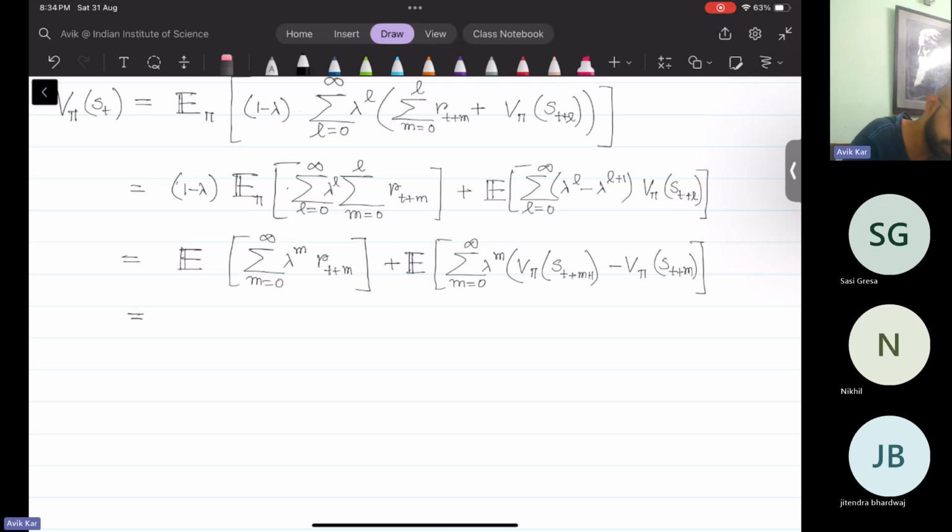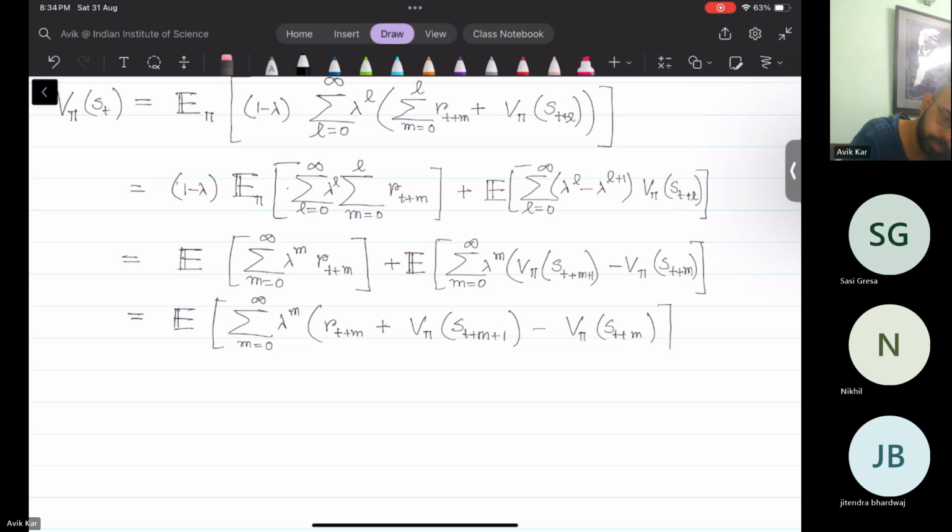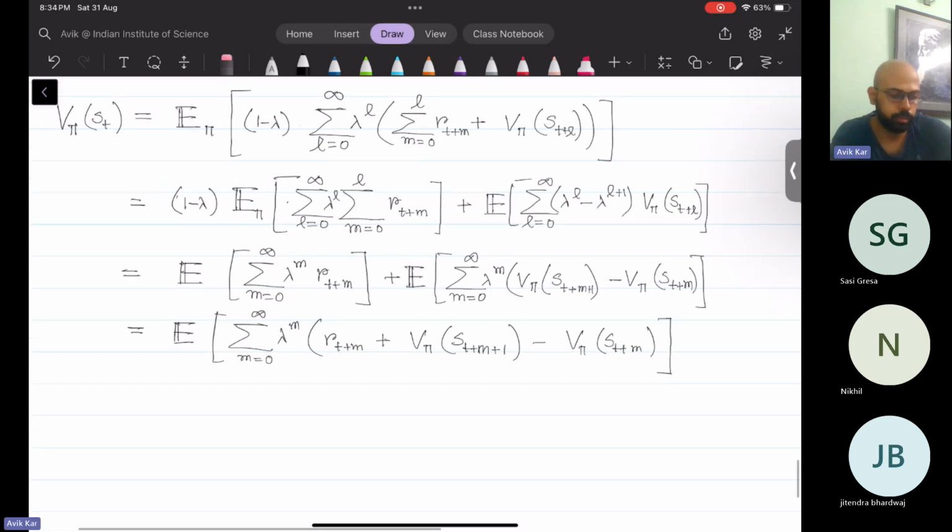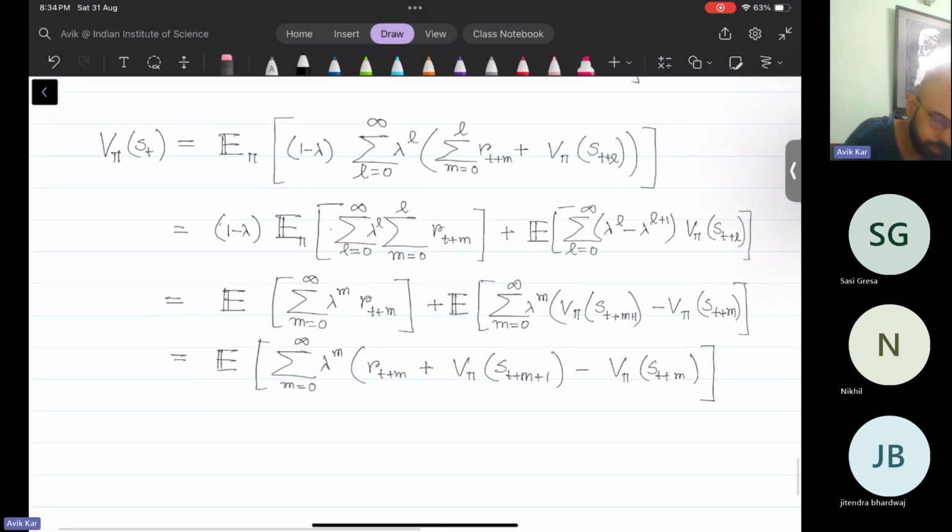And then if you combine these two expectations, n equals 0 to infinity, lambda raised to n, r_{t+n} plus V pi s_{t+n+1} minus V pi s_{t+n}. So this is what the generalized expression is.